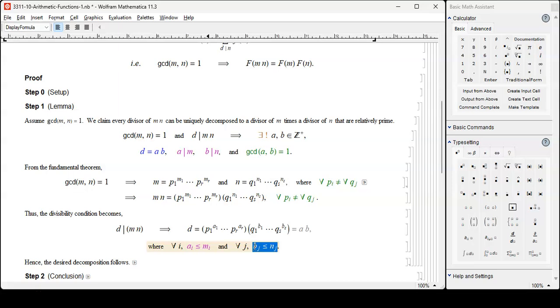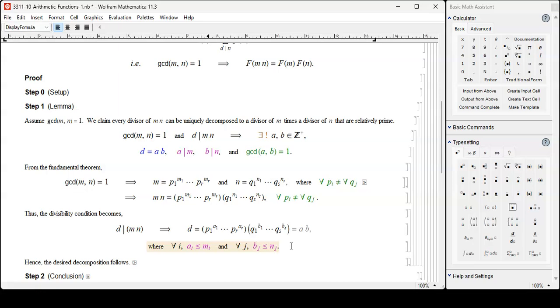That's because d divides m times n. Make sense? From the fundamental theorem again, this prime factorization must divide that prime factorization. So each prime factor has to have a lower power, possibly even 0.